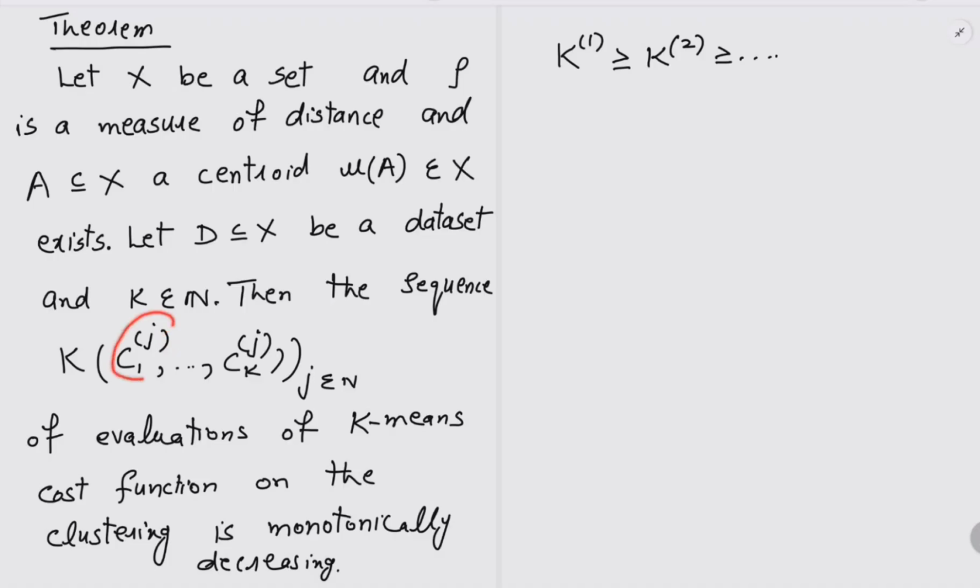C1J, for example, 1 means the first cluster at iteration J. If I write this as Cji, this becomes the ith cluster at iteration J. These are the different clusters we obtain. This is the full clustering we obtain at iteration J.